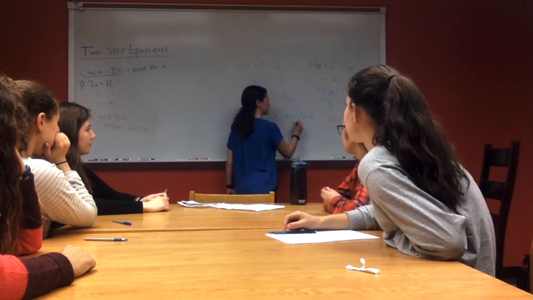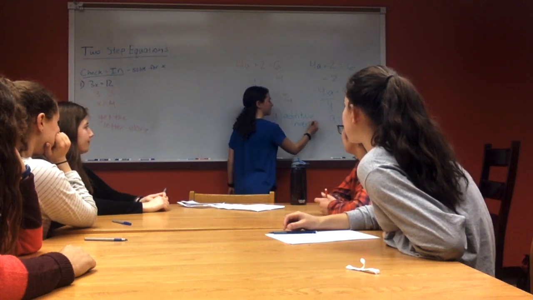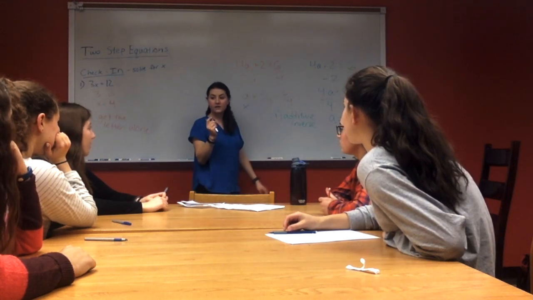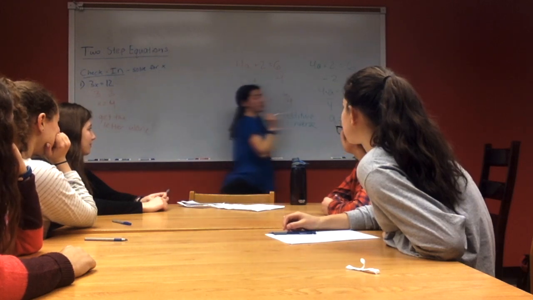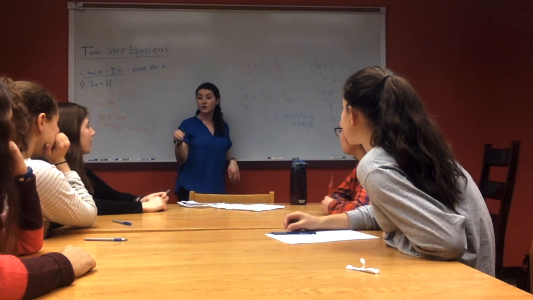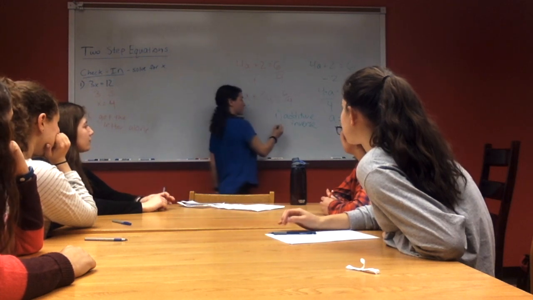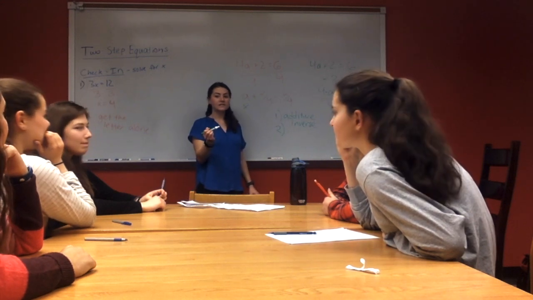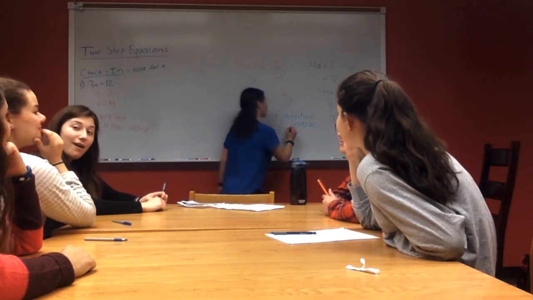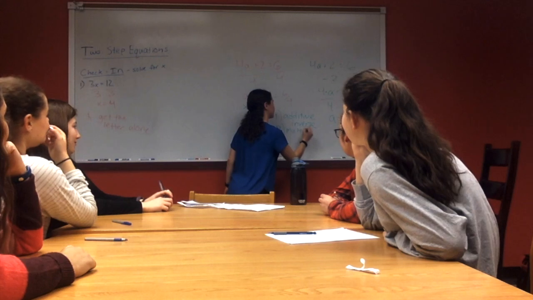Which piece did we undo? The 4a. Right, and remember that there's a secret multiplication sign? We undid the 4 times a. So we undid multiplication. So which word is that going to be? Not additive inverse, but multiplicative. Nice job. And we'll be talking more about this, okay?